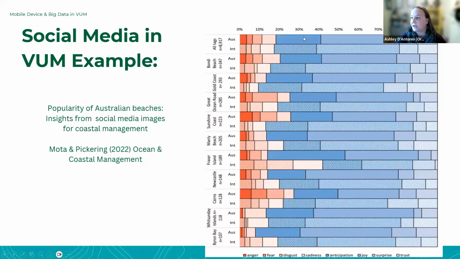We can see for most of the beaches and for most of both the Australian and the international visitors, overall, the feelings from the posts with the text associated with these photos were positive. But we can see this one beach, Fraser Island, had somewhat high negative connotations associated with the photos for international visitors. So the social media data, again, can have this contextual piece that we don't have with some of the other data types.